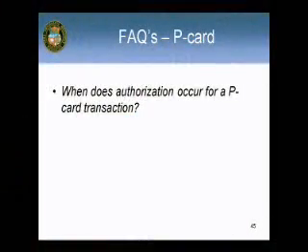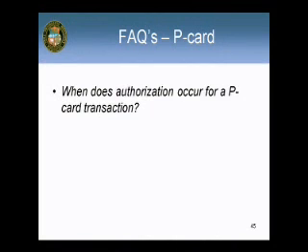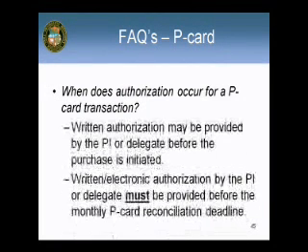Okay, this is a fun one here. We'll talk about this for a while probably. When does authorization occur for a P-card transaction? I'm not sure how you do your P-cards here. At one of the campuses, they've got one person who does all the P-cards, and then they download the information into a spreadsheet, and then they separate it by project and by MoCode.